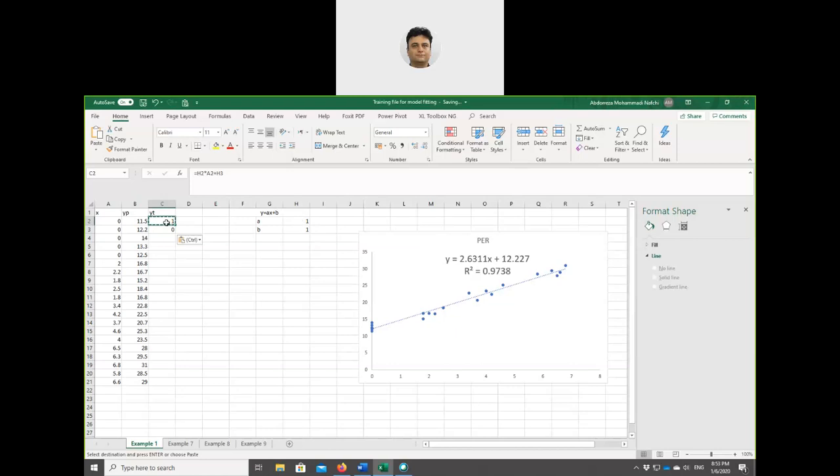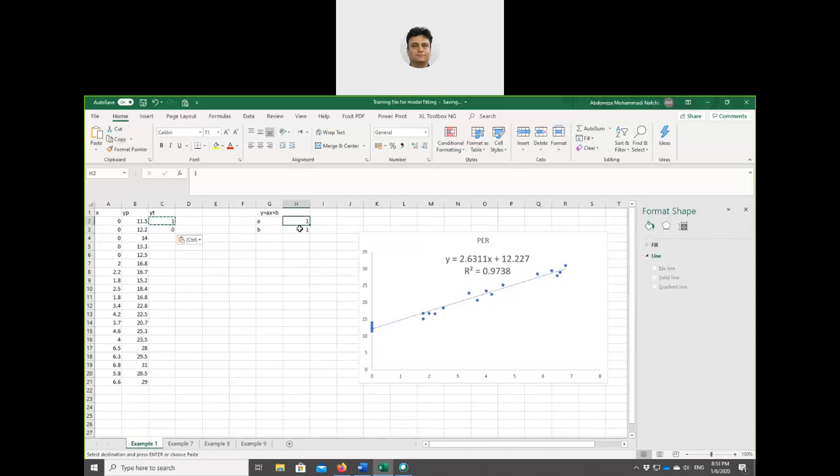Here H2 multiplied by A2 plus H3. When you copy and paste to the next row, it increases everything by 1. But I want to make H2 and H3 constant.